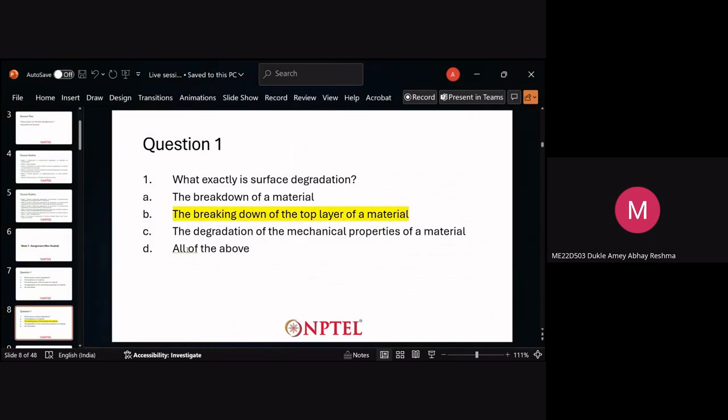So the answer is breakdown of the top layer of material. Since it's surface degradation, the surface is the topmost layer of the material. In surface degradation, the topmost layer of the material is broken down. That is why it is called surface degradation.